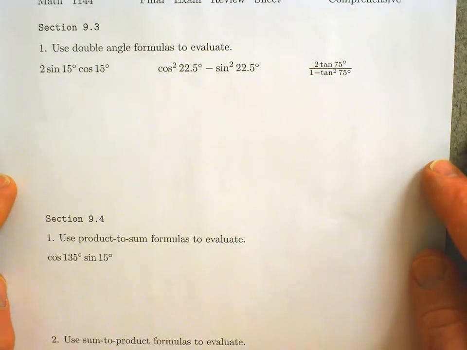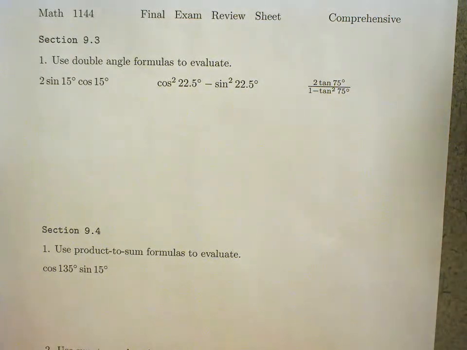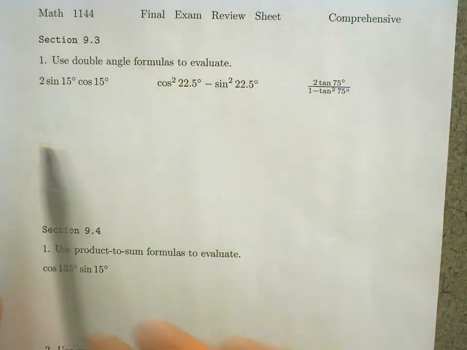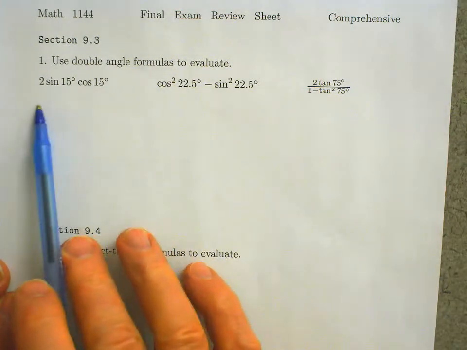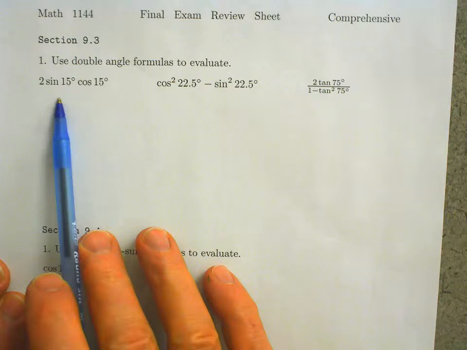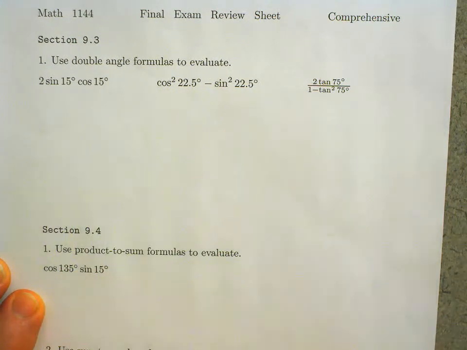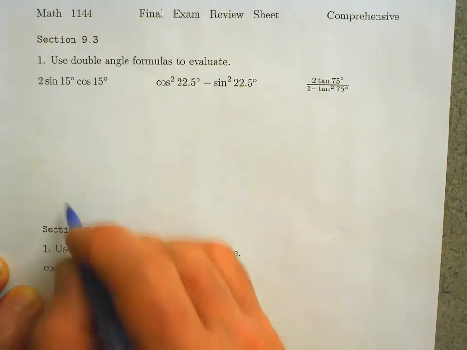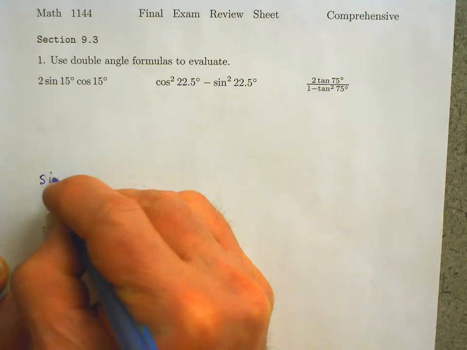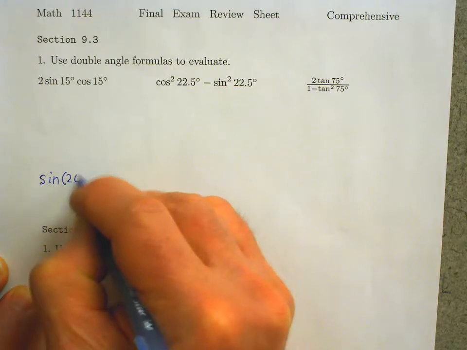Okay, so these are some problems from section 9.3. So you'll recognize, hopefully, what formulas we want. 2 times sine of 15 degrees times cosine of 15 degrees. Well, that looks like the double angle formula for sine of 2 theta.